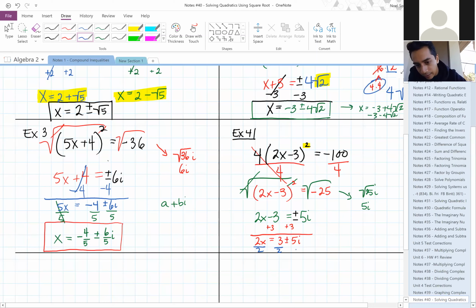Divide every term by 2, because then it leaves it in standard form for you. You don't have to combine it and then separate it again. So now your final answer here is going to be x is equal to 3 over 2 plus or minus 5 over 2 i. And there are your solutions.